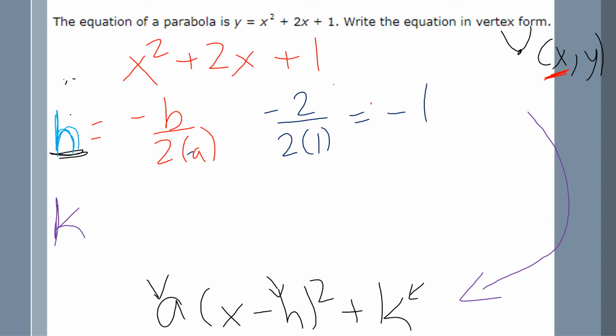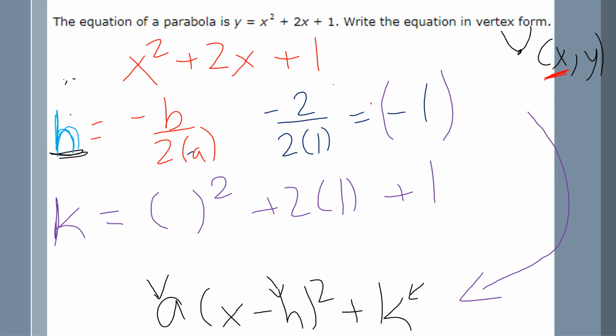For k, all you have to do is take this h, or this negative 1, which is also the x, and plug in for every x you see. So negative 1 squared plus 2 times negative 1 plus 1. So again, I'm plugging in every value here.